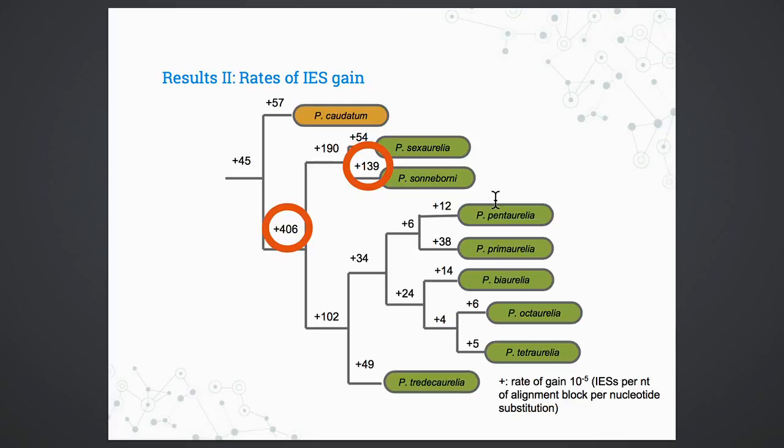So my question is, is there anything to be seen in the last whole genome duplication from the sonneborni species? And can you be sure that this duplication is the same as the one that occurred in sexaurelia? Can you recognize the two homologs from the last whole genome duplications when you compare sexaurelia and sonneborni?